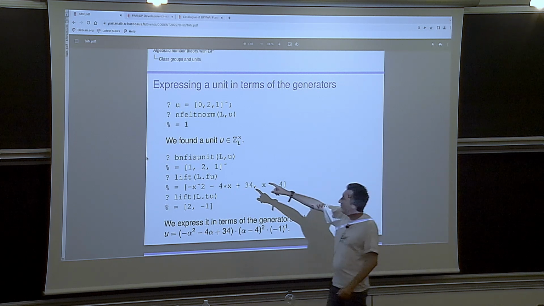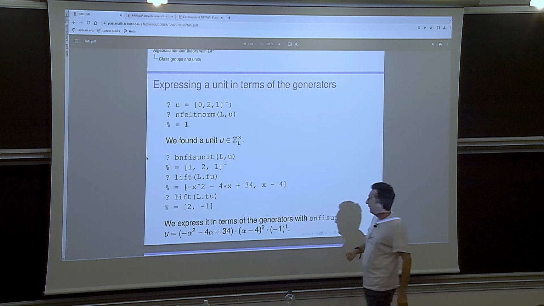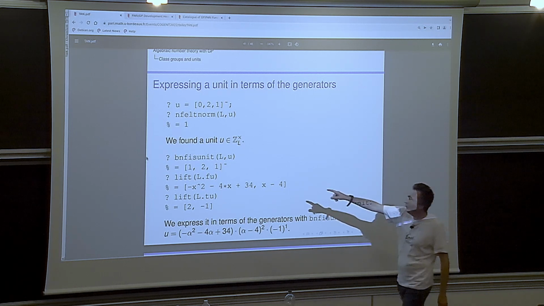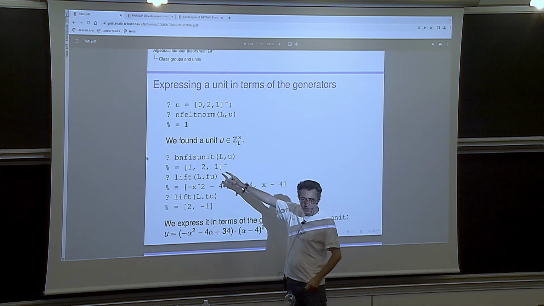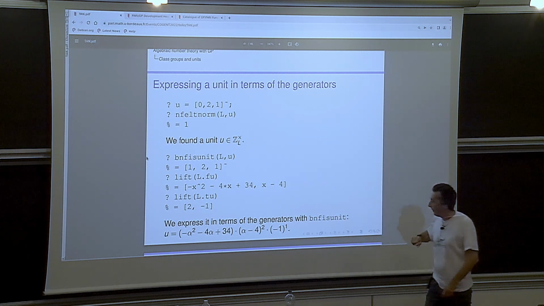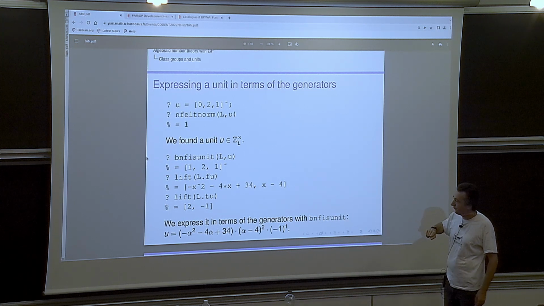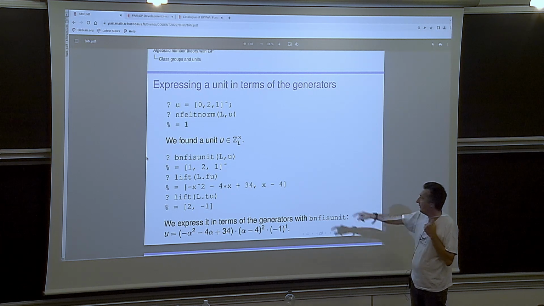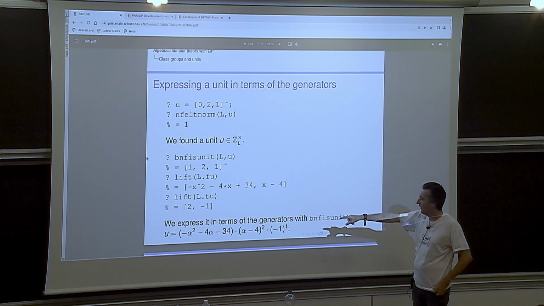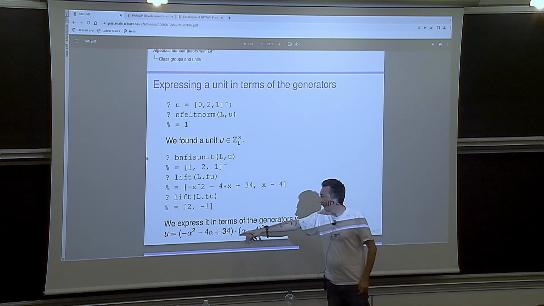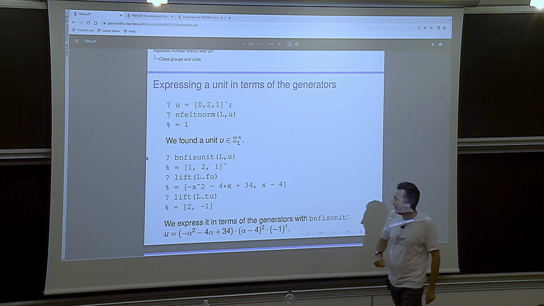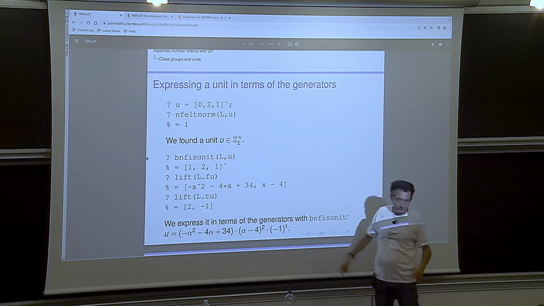Here we get (1, 2, 1). There are 3 components because the last one is for the torsion unit. This means that we have expressed our unit U as this product: the first fundamental unit times the square of the second one and times (-1) to the power 1.